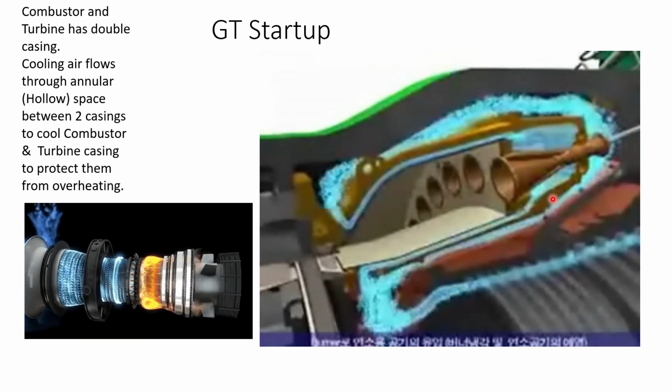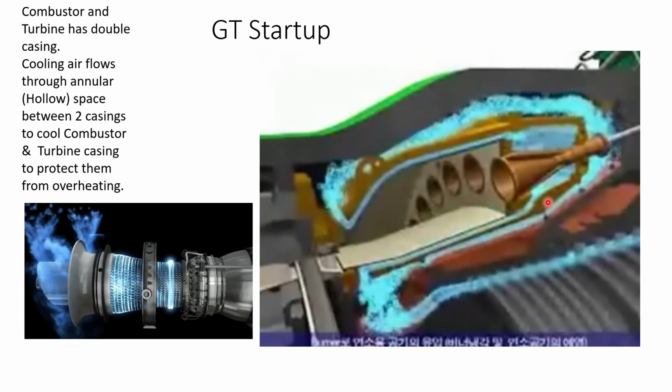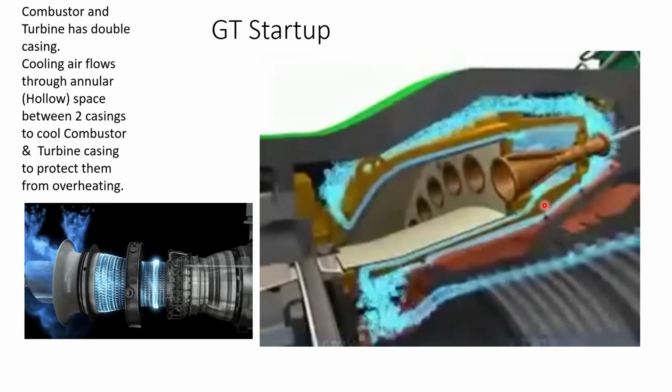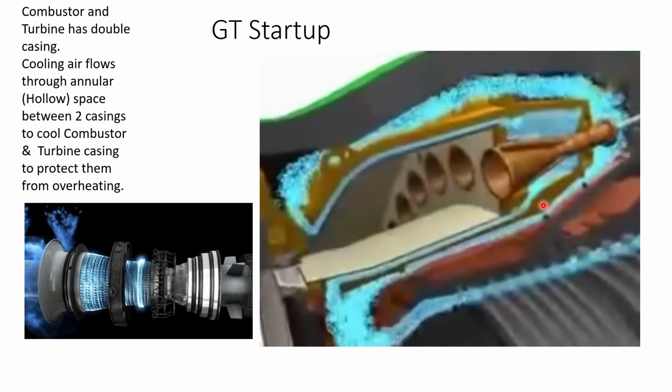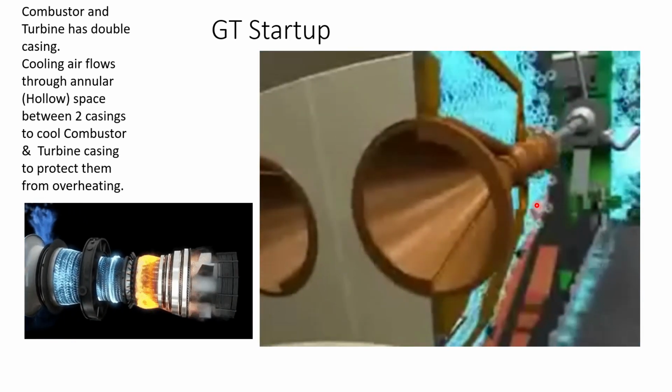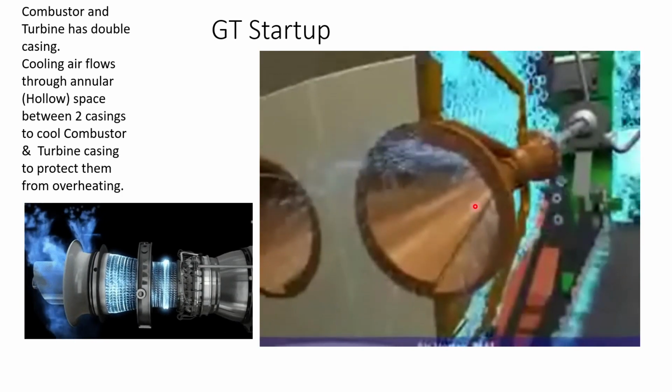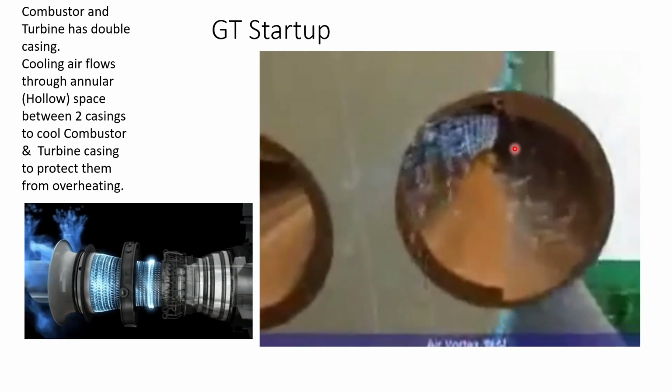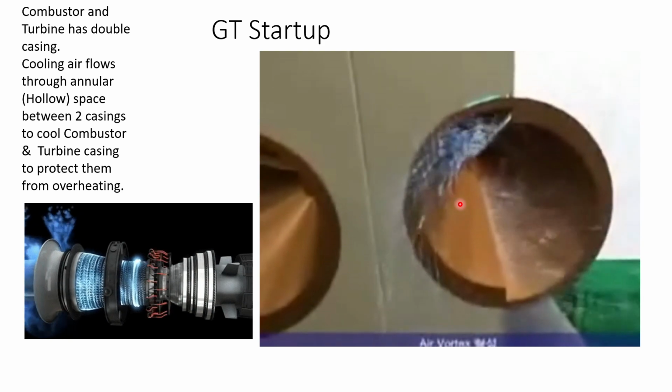After that the air will pass through the turbine. Now we will see the igniter starting. So you see now the air is flowing through the burner also.